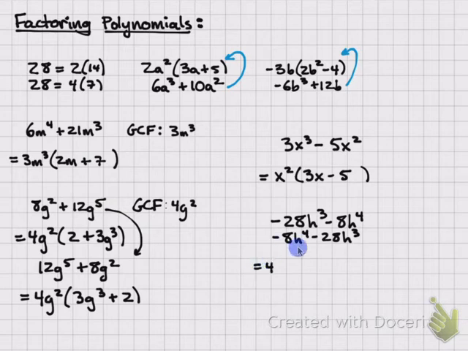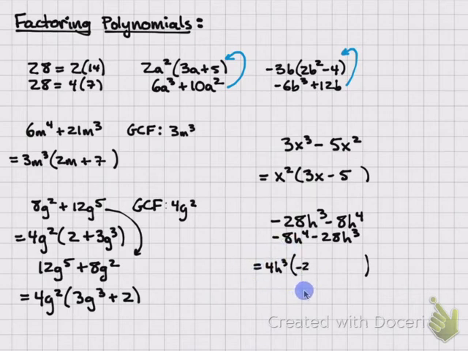I'm looking at the variables. I see an h to the fourth and an h to the third. So h to the third will also be part of our greatest common factor because we're just looking for the exponent that is the smallest on our variable parts. All right, so what do we need to multiply 4h to the third by in order to get our original polynomial? Well, I think 4h to the third times negative 2h will give negative 8h to the fourth power.